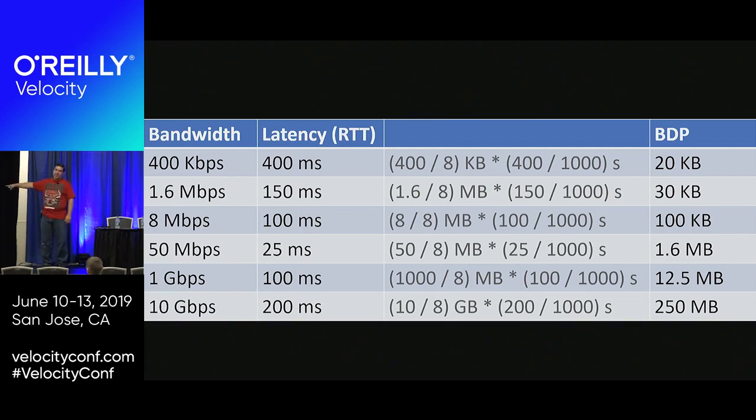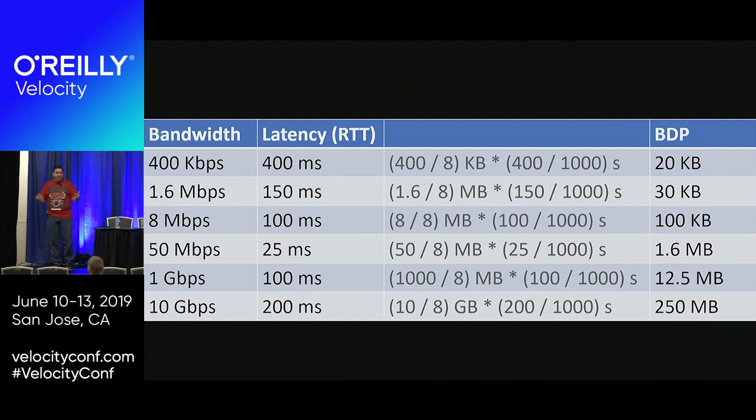You've got a 200 millisecond round trip time between those two servers that need to talk to each other, and a 10 gigabit connection. You've got a 250 megabyte buffer that you need on both the receive and send side for those servers to be able to actually utilize the 10 gigabit connection between them on any single connection.